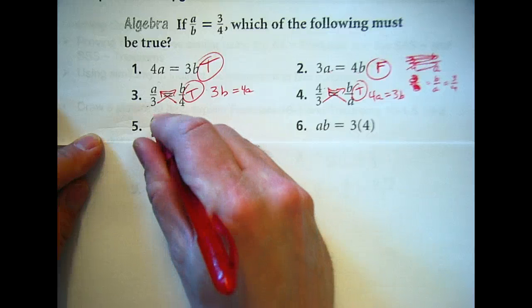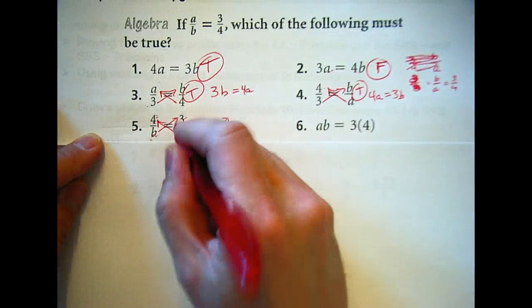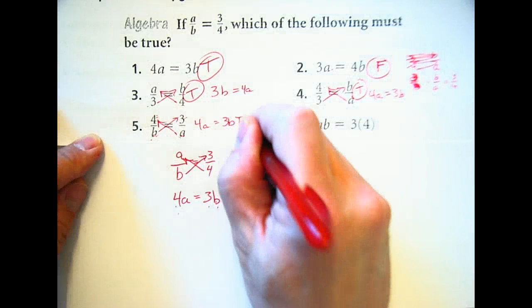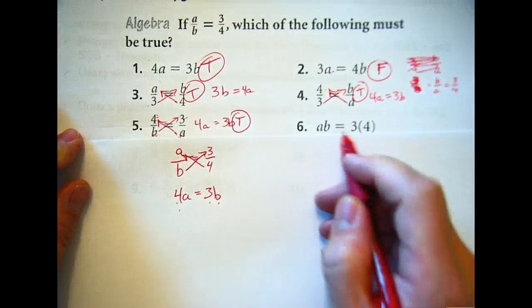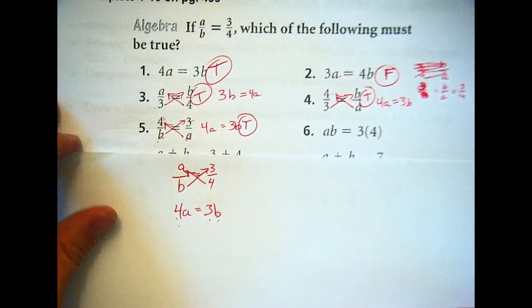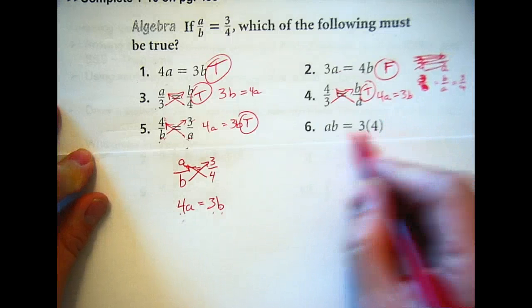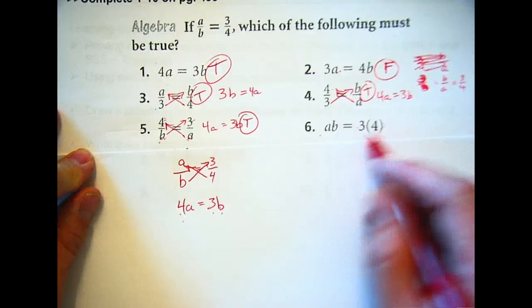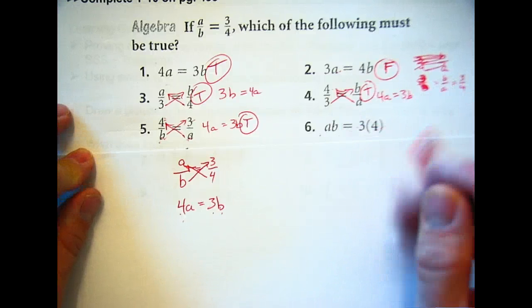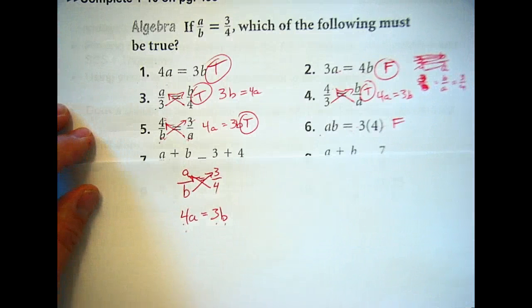Cross multiply them. Is that what we're trying to get? Yeah. That one also is true. How about this one? Yeah, this one's false. I mean, you could divide by 4, you get A over 4, and divide by B, you get 3 over B, or divide by 3 and divide by A, or something like that. This one is false. You can't make that equal 4A equals 3B.